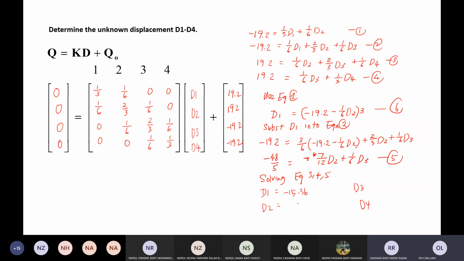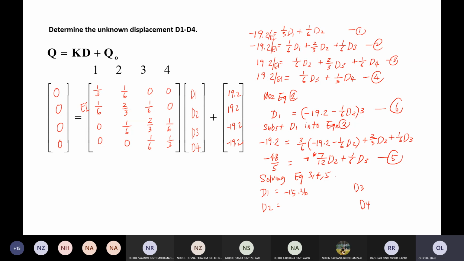I think there is something wrong here. Yeah, now I detected. Can you help me to put in EI here? So careless. So anything that is associated with the D will have an EI. Maybe here divide by EI. Here divide by EI. This one divide by EI.